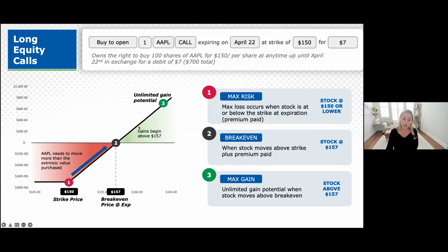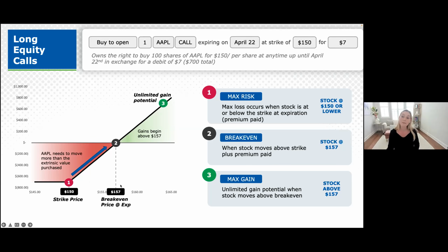And then we have unlimited gain potential, because Apple can go to an infinite price. And if we own that right to buy during this time frame, however high Apple goes, our option should go up in value as well. But that extrinsic value component is why the option doesn't move dollar for dollar with the stock, which we'll talk about when we go through actual examples. So this is important to understand here.